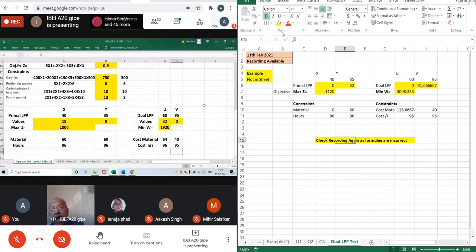According to our mathematical problem, this is correct. But we have V. That means it explains the labor hours are not at all utilized for the cost.